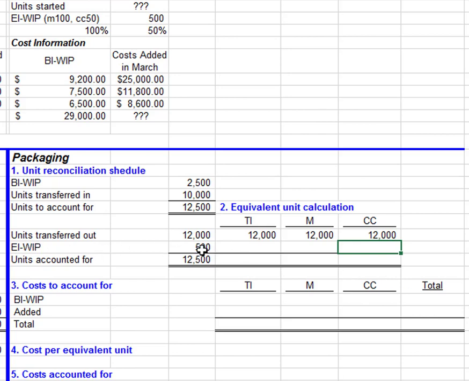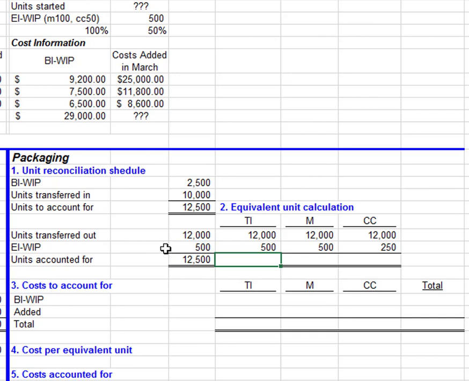Now the ending inventory work in process, those 500 units are 100% complete as far as materials, and 500 units are 50% complete with regards to conversion cost. Well, they're always 100% complete as far as transferred in costs.